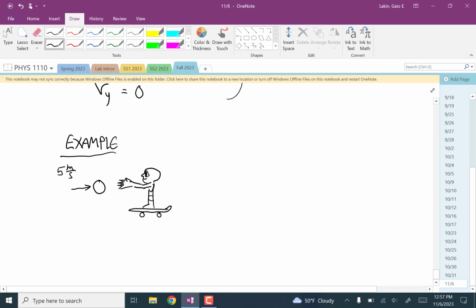It is E.T. And let's say that this kid has a mass of 20 kilograms, and the ball has a mass of half a kilogram. And let's say the kid on the skateboard is moving at 1 meter per second before the collision.